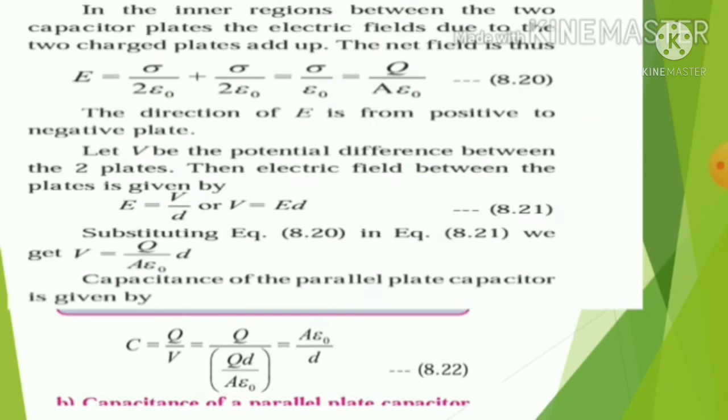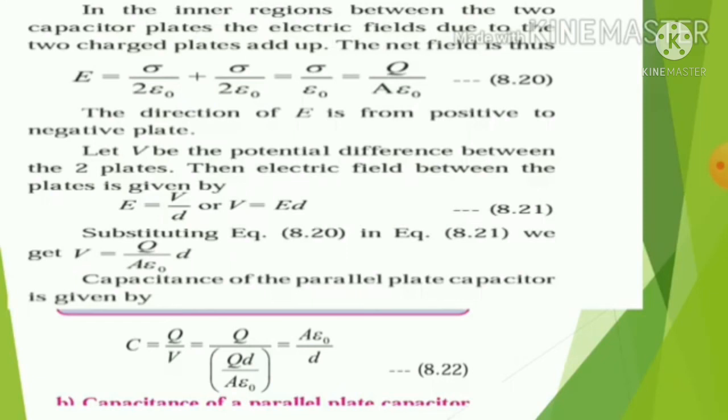Simplifying this step, we can write capital E equal to sigma upon epsilon 0. This is the required expression for the electric field inside the two plates of the capacitor.